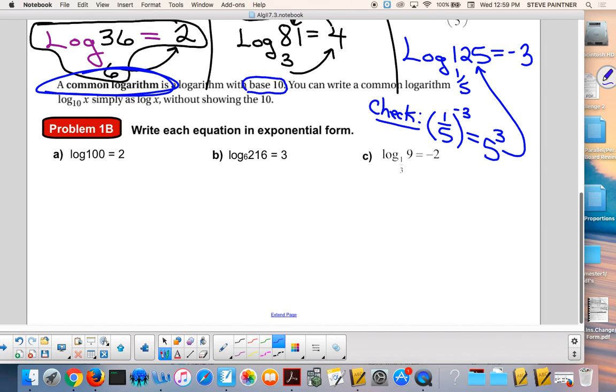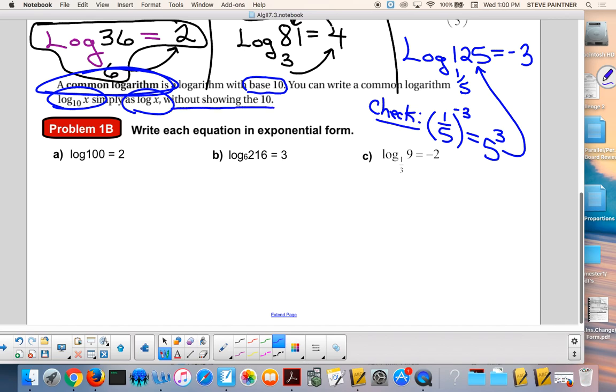If you ever have base 10, you are talking about the most common log out there. Base 10 is really easy. You can write common logarithms simply like this. You can just put the base 10 there if you want. But guess what? You don't have to. It says you can do it without writing the number 10.